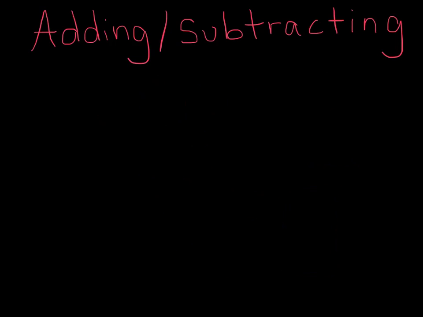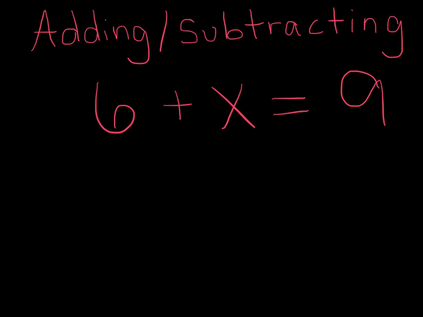We can do another example with addition. Let's say we have a number first instead of the variable. So if I have 6 plus x equals 9. Okay, this is a positive 6. So in order to get rid of it, I would have to perform the opposite operation, which would be subtraction.